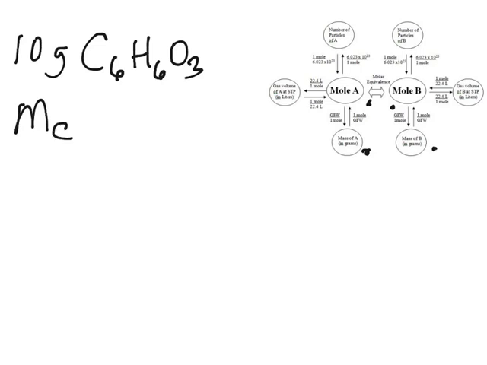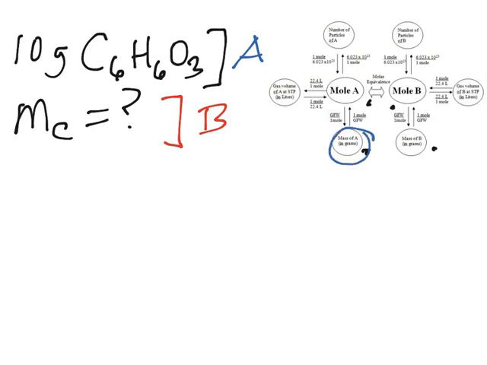The hydrogen and the oxygen don't matter really. So we can say that this is A and this is B. We have this mass of A, and we want this mass of B. We cannot go directly there, so we have to go from mass of A to moles of A, from moles of A to moles of B, and from moles of B to mass of B.